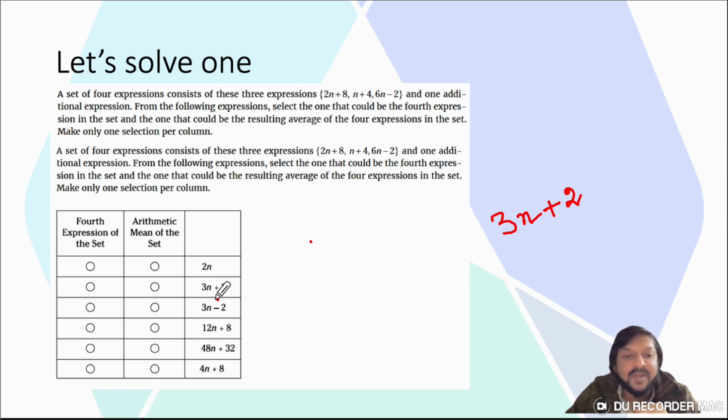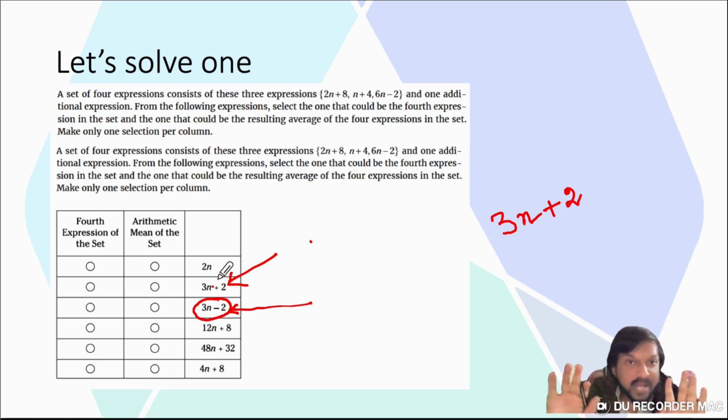That means if I choose this as my fourth option, then this comes out as my arithmetic mean. And since this combination works, that will be the only combination that will be working, because there is no possibility of having multiple answers in this type of question. So we already know that if this is my fourth option, then this is my arithmetic mean.